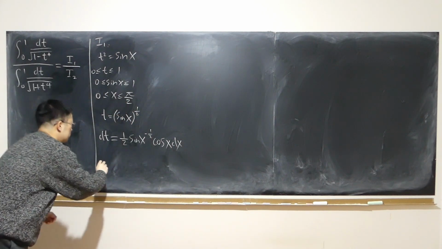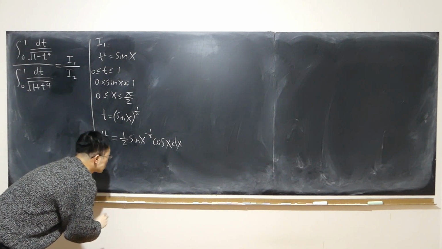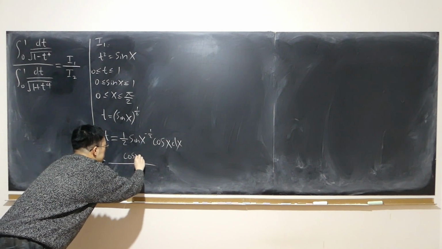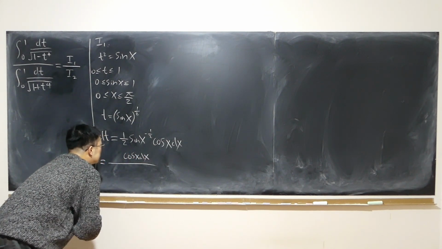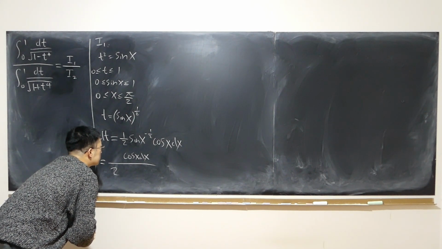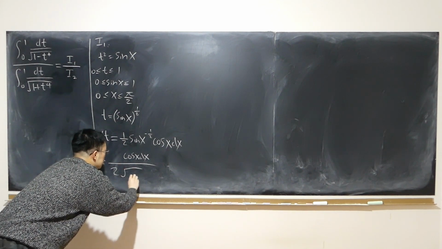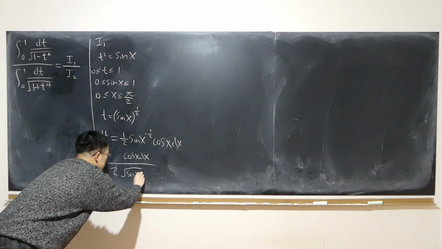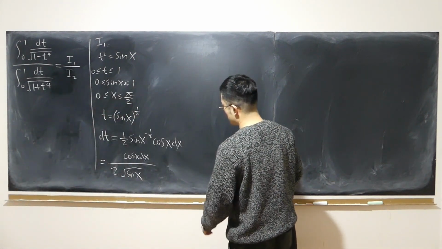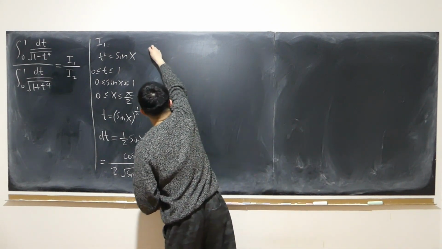So to simplify everything, I can have cosine x dx, and I have 2 at the bottom, and the negative sign means it should be at the bottom, that's the square root of sine x.